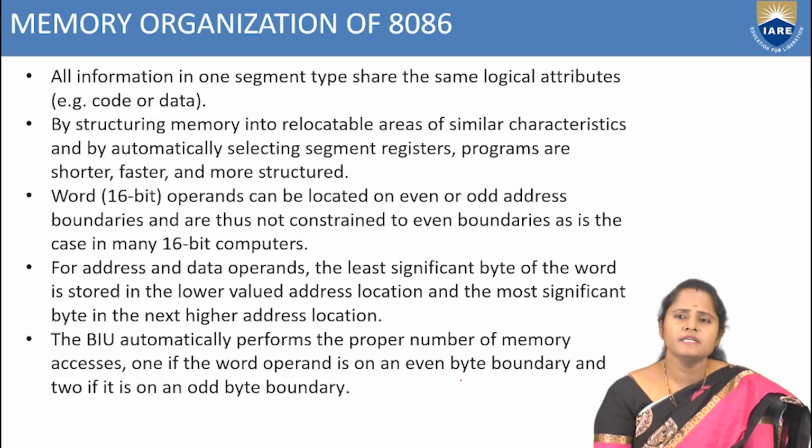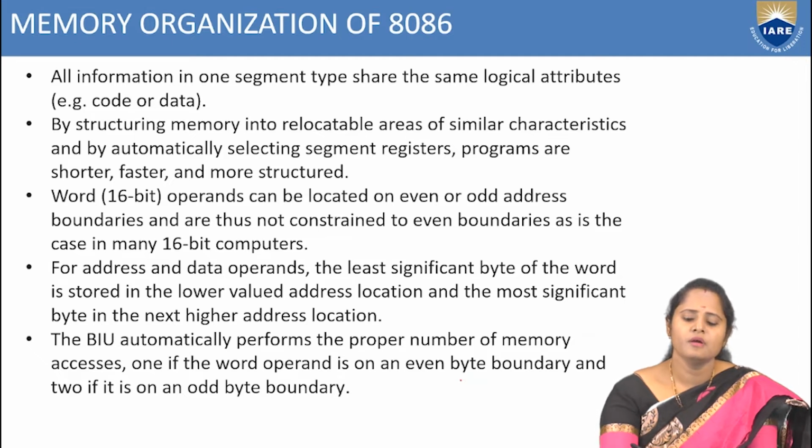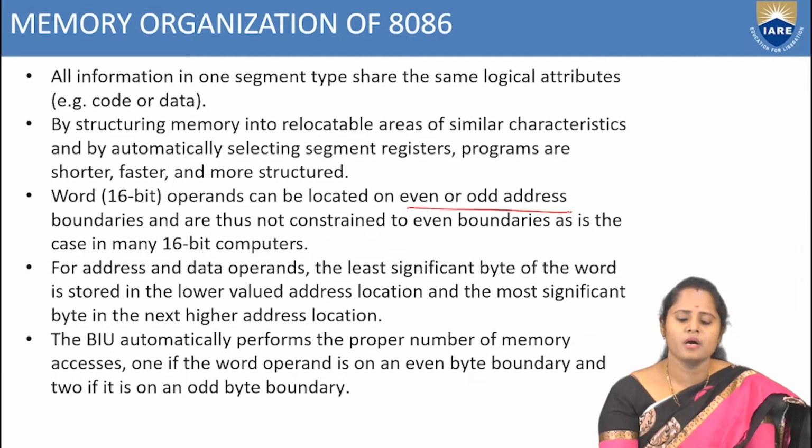Next, how the data can be accessed, how the data operates. Suppose I need to access word operands; a word is nothing but 16 bits. If I need to access 16 bits, my memory can generally be divided into even and odd address boundaries.